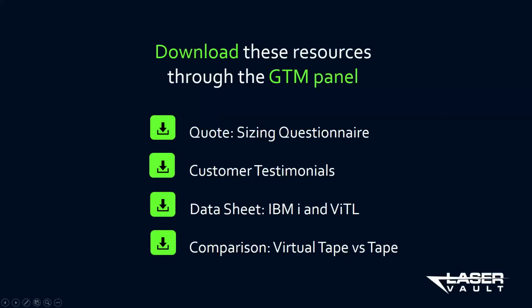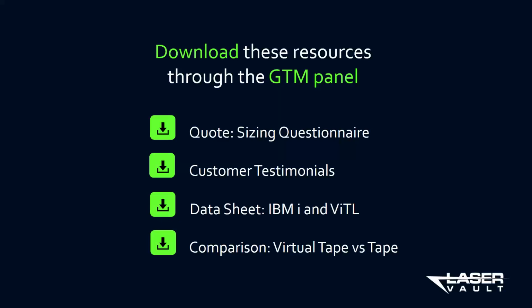Okay, so in the GoToMeeting panel, we do have sizing questionnaires and some documents. That way we can present you with configuration options as well as pricing, licensing, hardware options, server options. We can put everything together in a complete quote and configuration, or we can provide you exactly the equipment and HBAs that you would need for your particular environment so that you can source your own hardware and HBAs and put the system together, because we can provide just the software licensing if you'd prefer.